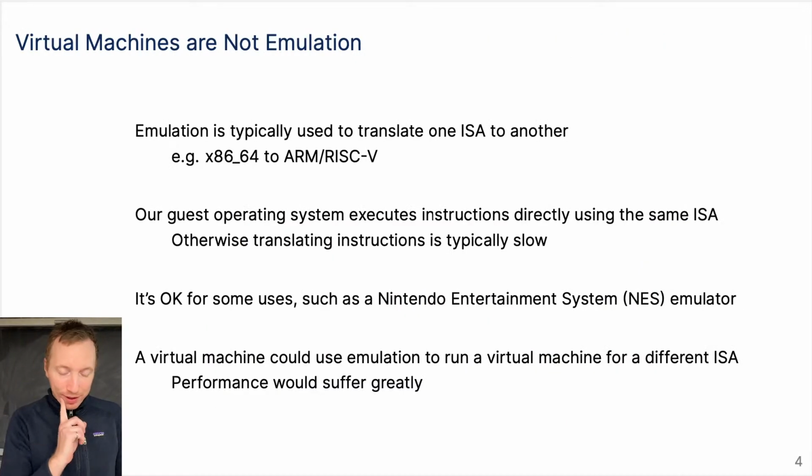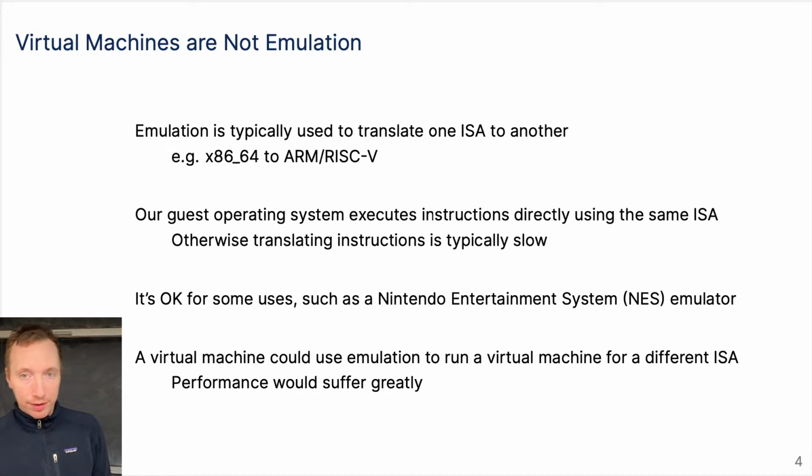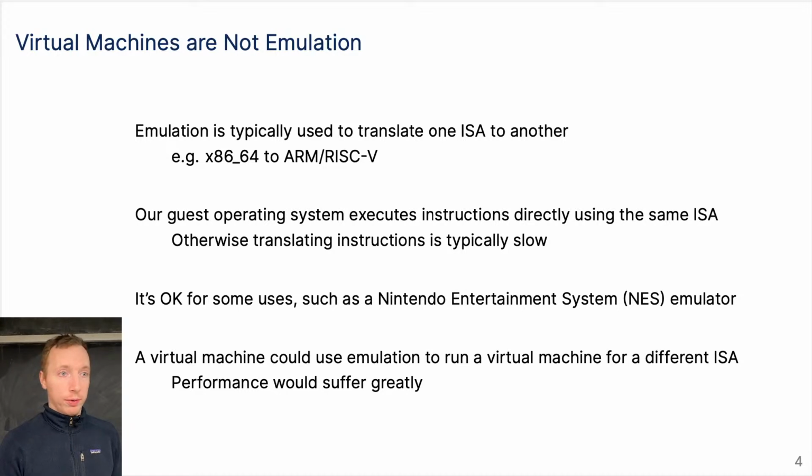As a note, you might hear the term emulation. Virtual machines are typically not emulation, but they can do it. Emulation is typically when you translate one ISA, or instruction set architecture, to another. Your phone runs on ARM, and your laptop, as long as you don't have a Mac, is x86.